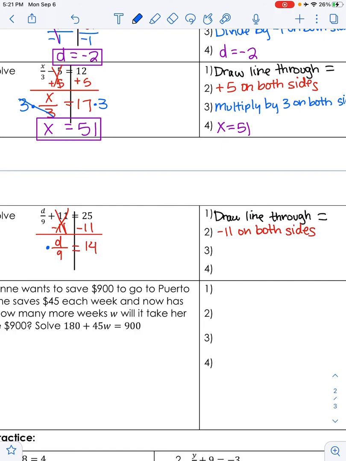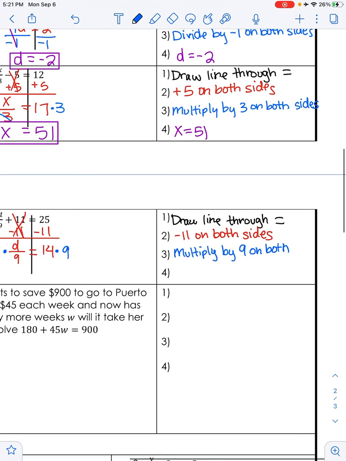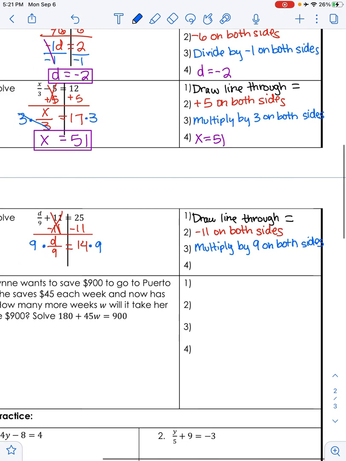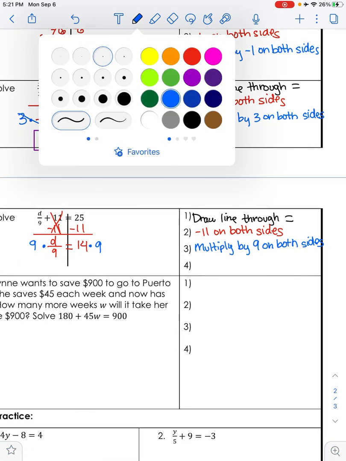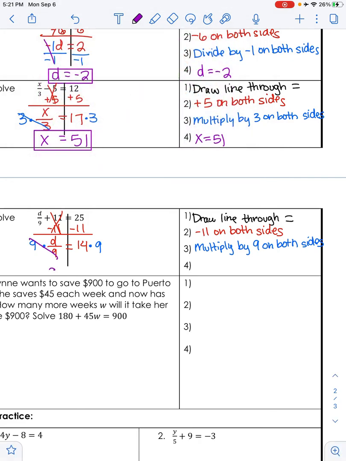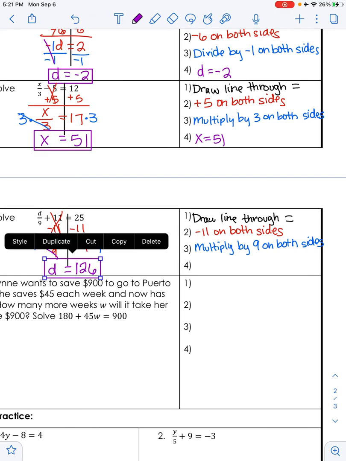From here, we need to multiply by what's in the denominator, so multiply both sides by 9. Okay, so when we do that, we're left with d equals 14 times 9, which is 126.